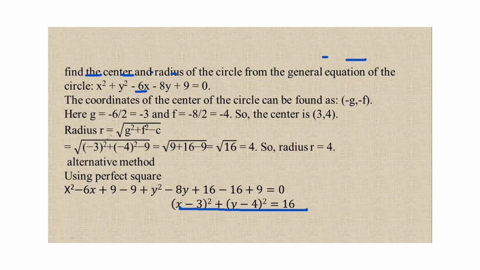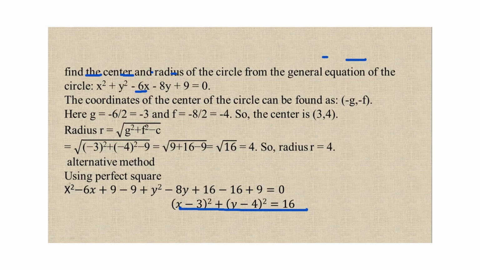The radius of the circle is the square root of g squared plus f squared minus c. This gives the square root of 9 plus 16 minus 9, which equals 4. This is the radius of the circle. Or using completing the square, you can calculate this.